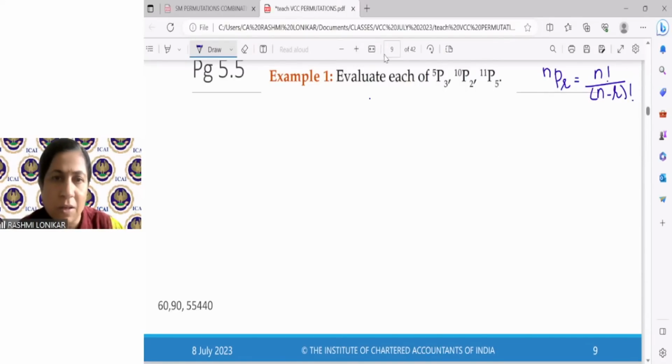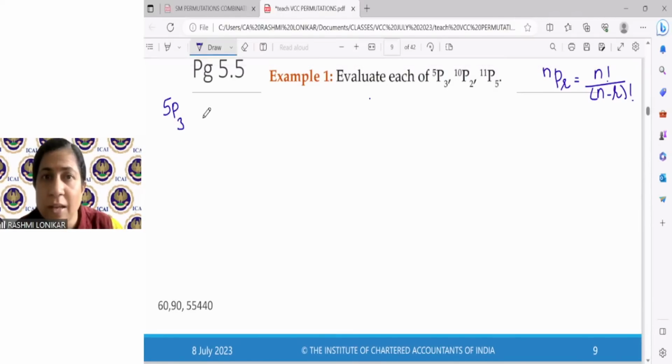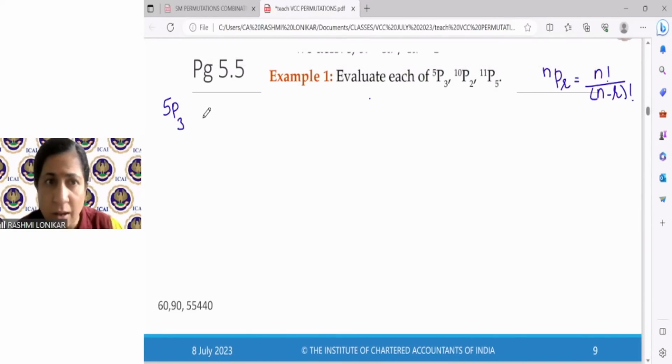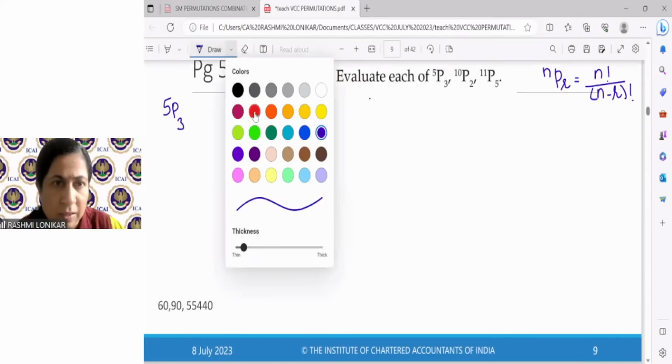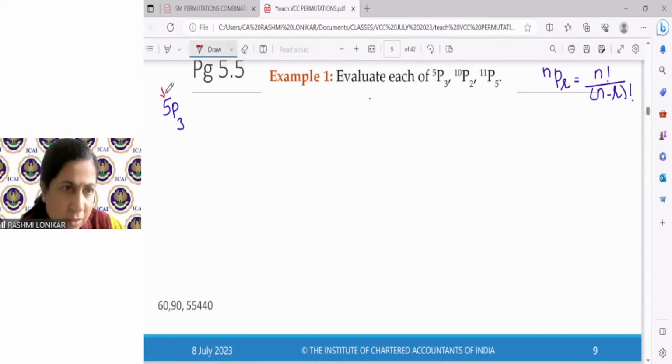This is my formula. First sum I take 5P3. First step, which of this is n and which of this is r? Okay. Let us get that thing clear. This on top is my n and this in the bottom is my r. Okay.